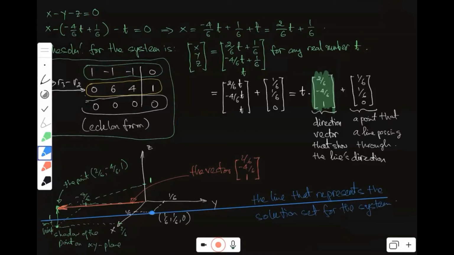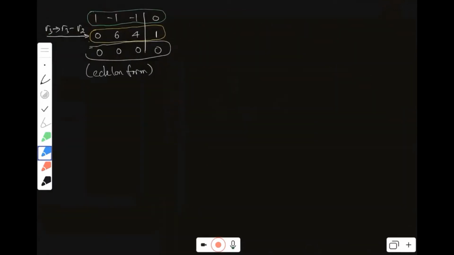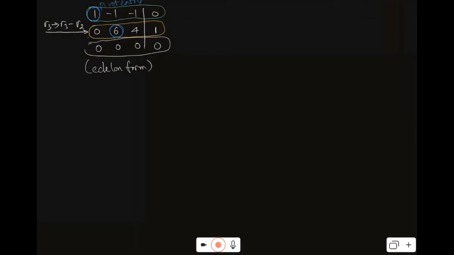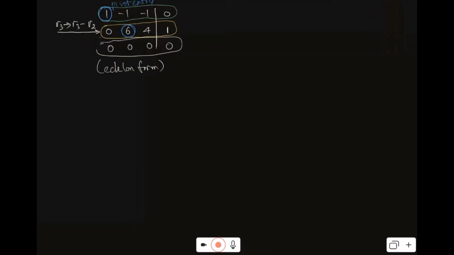All right, so solving the linear system above, we actually get infinitely many solutions. That means you have infinitely many points on the line, of course, right? You already know that this is called the pivot entry. This is also called the pivot entry, right?